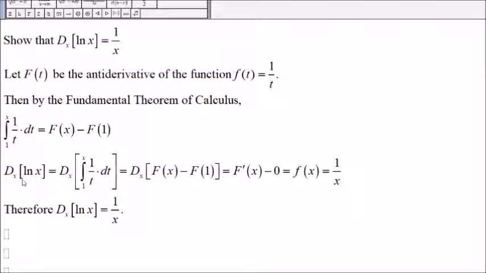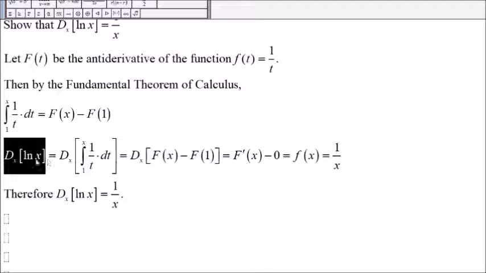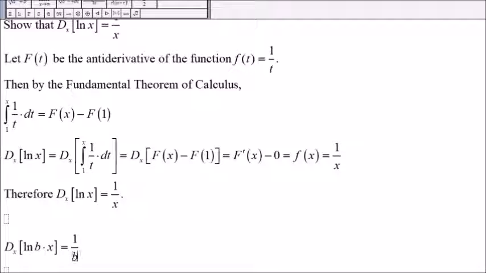And then the extension of this: if we have something like the derivative of ln of bx, with a constant times x, then we have to use the chain rule. The derivative of ln of x is 1 over x, so the chain rule here gives 1 over bx, times the derivative of bx. b is just a constant here.